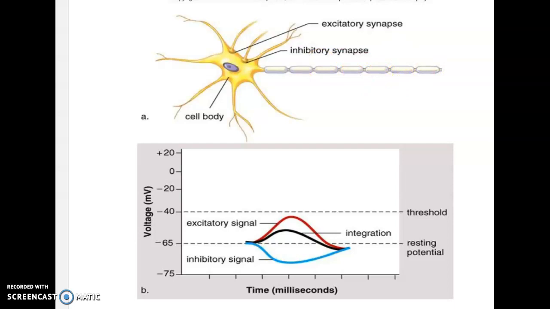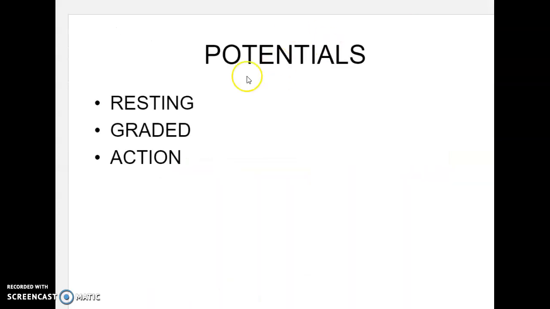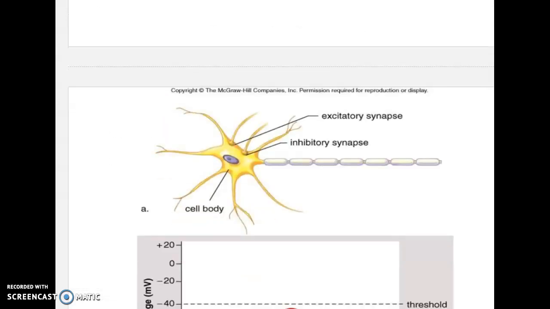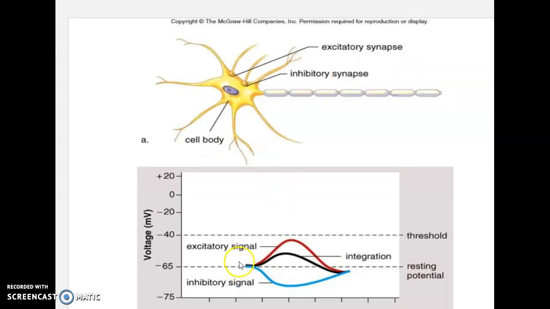Okay, so I have three potentials I need to understand. And they're these things again, graded potential. It's called graded for a reason we're going to talk about later. But graded potential is basically what gives me the excitatory or inhibitory signal.